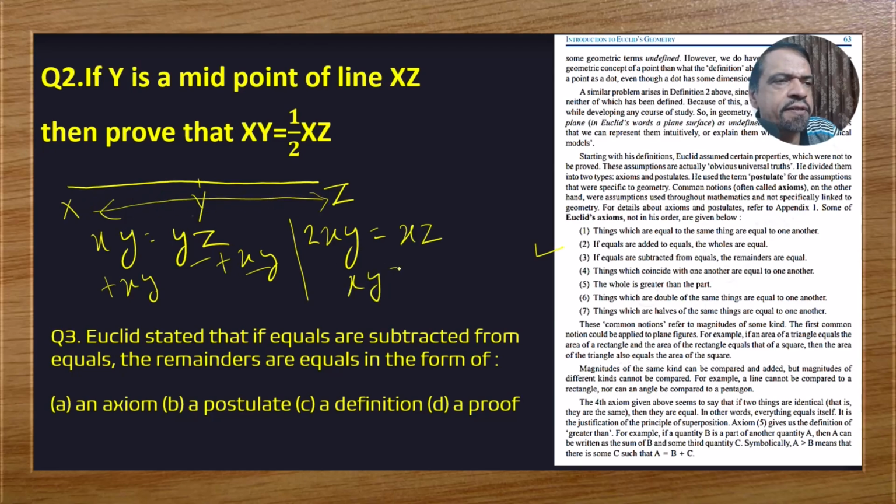So XY is half of XZ, hence proved. We used axiom number 2.